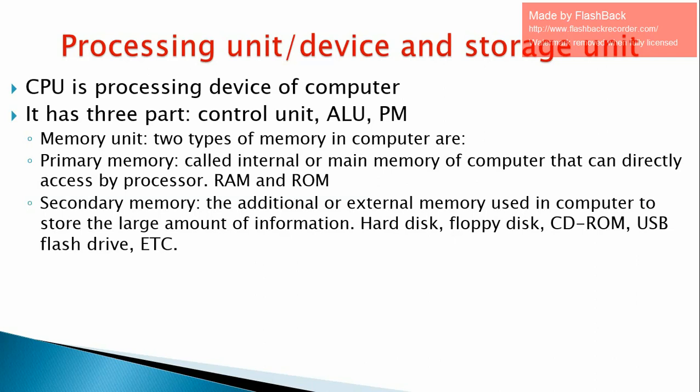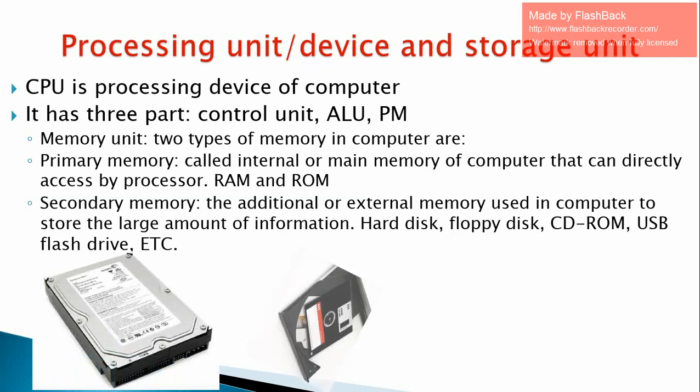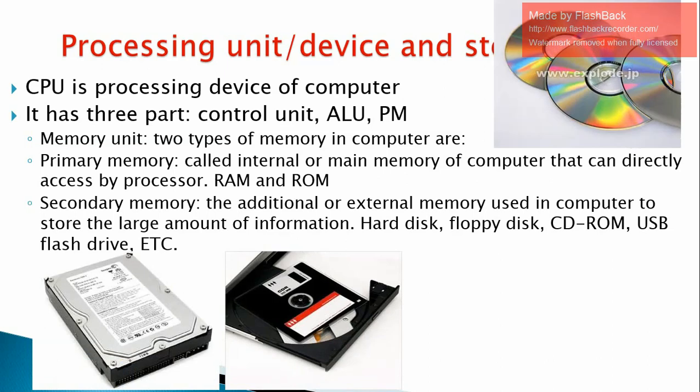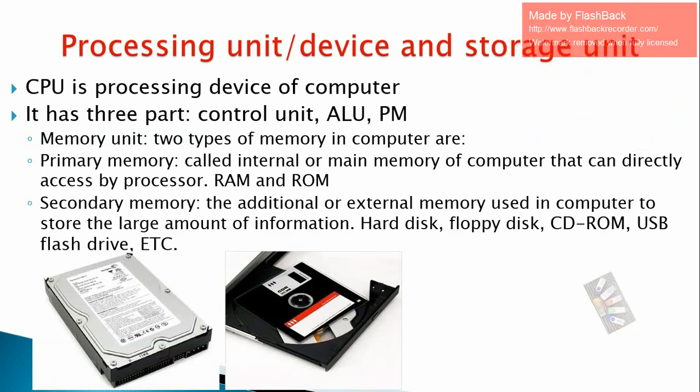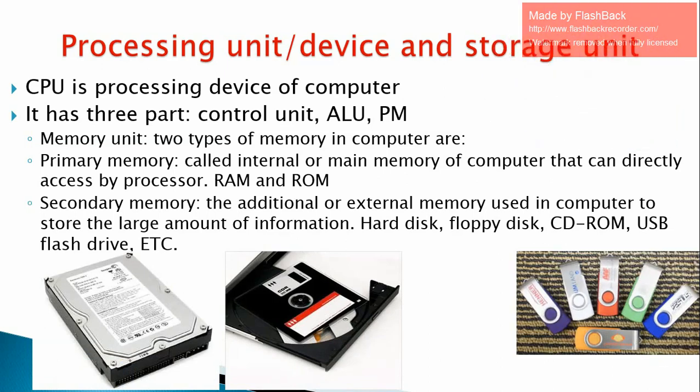But secondary memory can hold data for a long period of time and also hold a large amount of data or information. Examples of secondary memory are hard disks and USB flash drives.